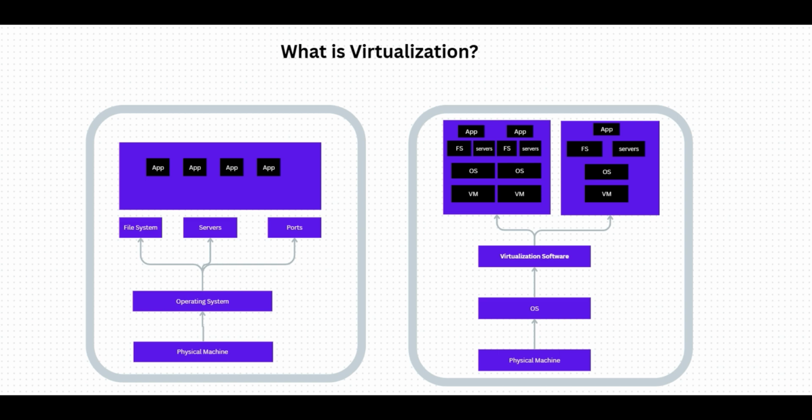It has its own operating system, file system, ports, and configurations. So now you can run different applications in different virtual machines, each isolated from the other. No more conflicts, and better resource control, security, and scalability. That is the power of virtualization: using one physical machine to run multiple isolated virtual machines.